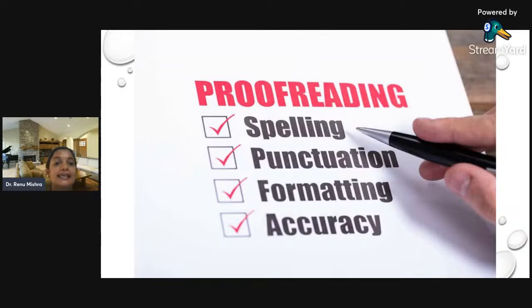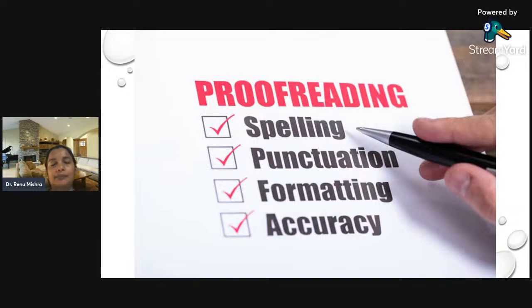Okay. Second thing, punctuation: comma, full stop, these marks. Where to put the commas, where to put the full stop. Now, what is the importance of full stops or commas? Sometimes we don't realize, we just put in too long sentences.